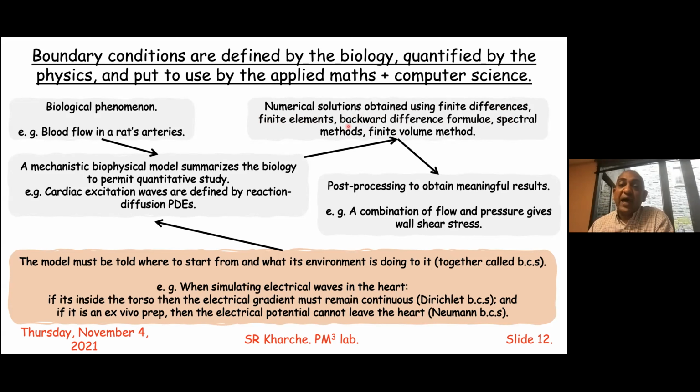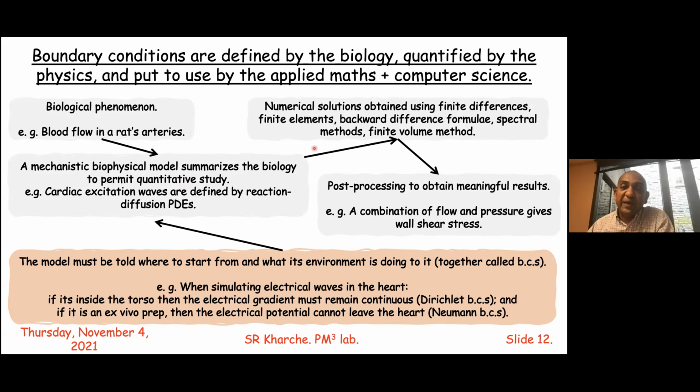And as soon as you have your numerical solutions, using your robust or not so robust simulation platforms, scientific platforms, you then go and extract meaningful results using a process called post-processing. However, I must stress that the formulation of the problem and application of boundary conditions comes much before you go into the numerics of things, okay?